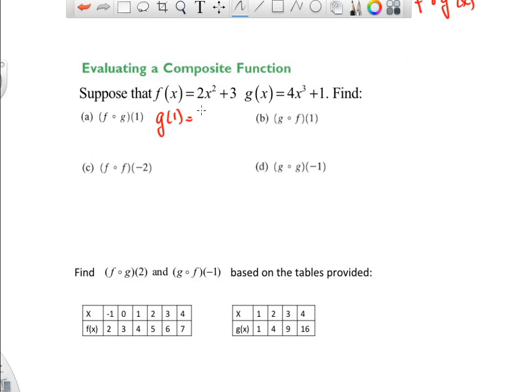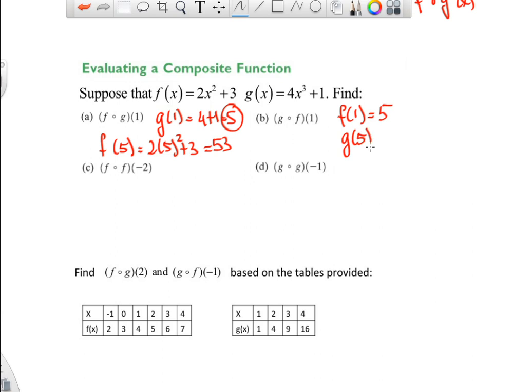Well, that's 4 plus 1, which is 5, and then stick that range value into f and figure out what f of 5 is, which is 2 times 5 squared plus 3, so 25 times 2 is 50, so that's 53. g of f of 1 would mean that you find out what f of 1 is first, which in this case is 5, and put 5 into g.